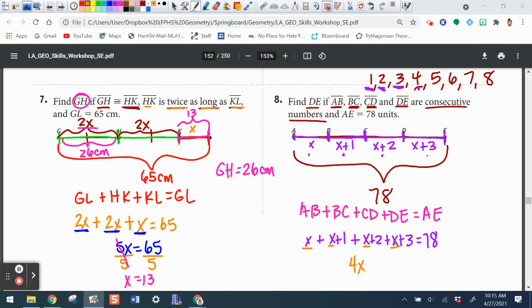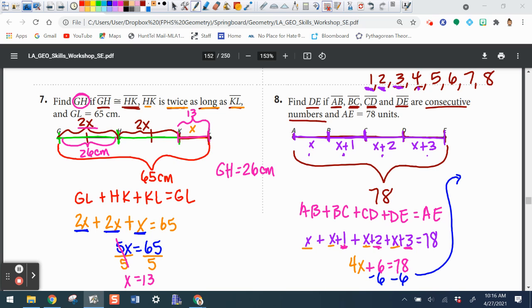And then we have positive 1, positive 2, and positive 3. Those are also like terms, so we're going to combine those as well. 1, 2, and 3 combine to give us 6. So 4x plus 6 equals 78. Now we're going to subtract 6 from both sides.